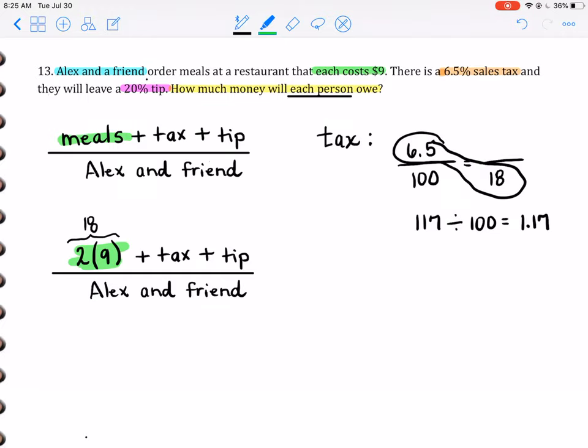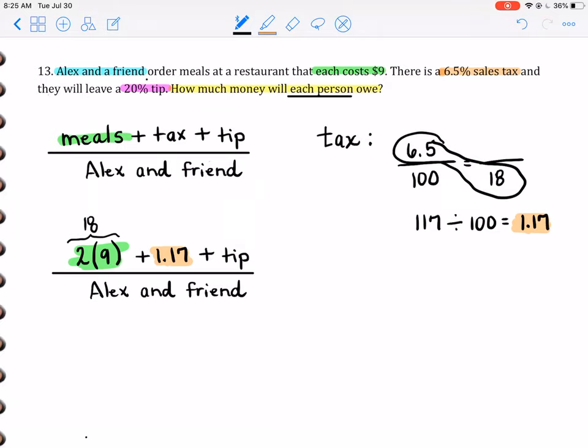So that is my sales tax. So I'm going to bring that over here, and in place of sales tax, I'm going to write that number. So you see how I'm building this problem based on my story.